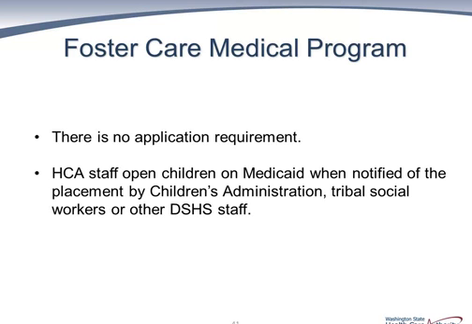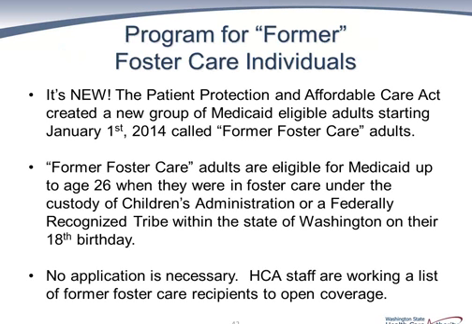We also wanted to just talk briefly today, and make sure you were all aware of this, that under the Affordable Care Act, a new program was created for children who have aged out of foster care.